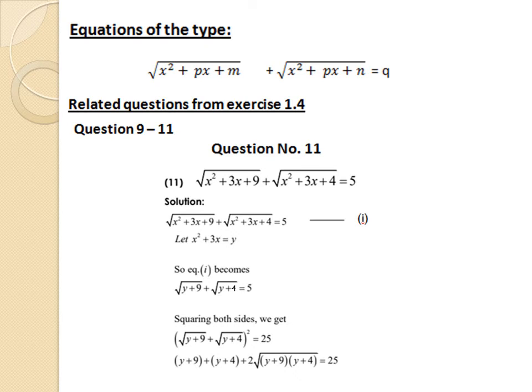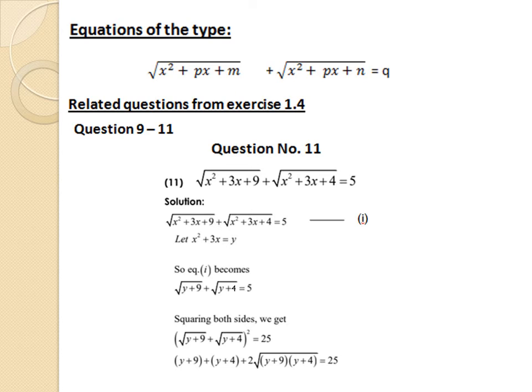After this substitution, our given equation takes the form √(y + 9) + √(y + 4) = 5. So when we take the square on both sides for the first time, we get (√(y + 9) + √(y + 4))² = 5².